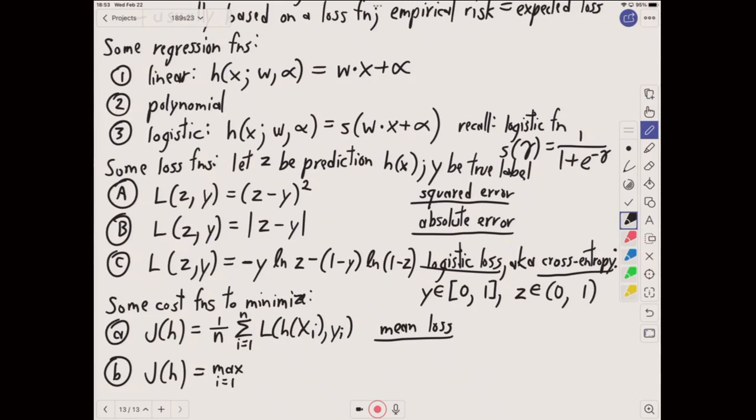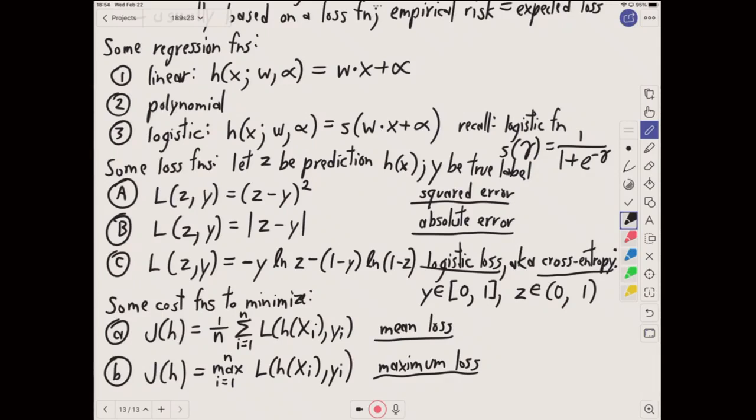Another choice is you could take the maximum loss and try to minimize that. And it kind of makes sense if you think your data are very good.